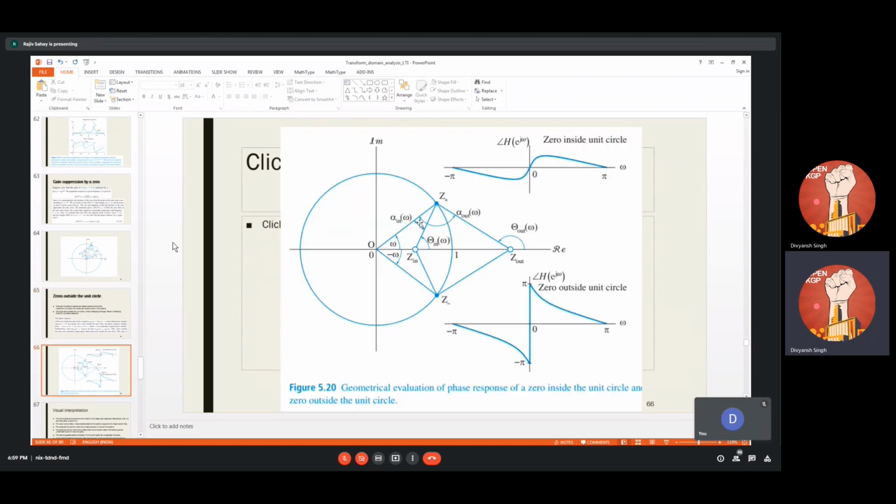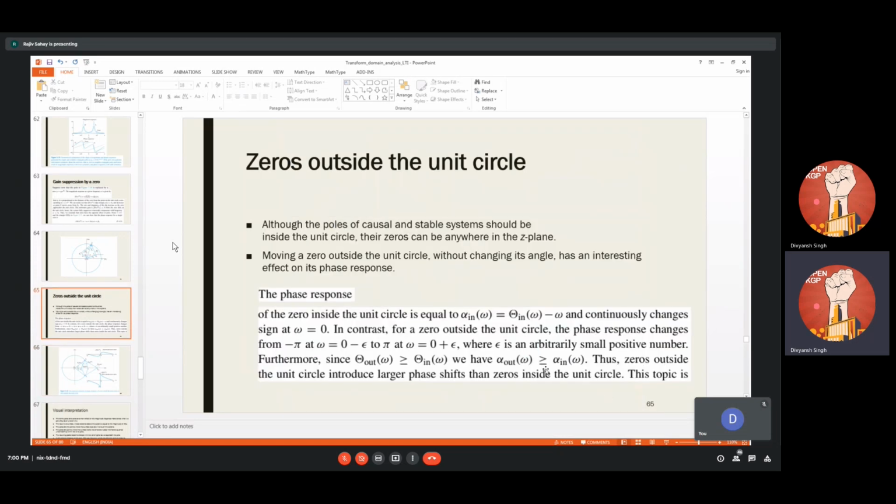From here, alpha_in(omega) is the small angle, alpha_out(omega) is the big angle. In general, unless Z out is almost here and Z in is almost here, these two angles will be close to each other. Otherwise, alpha_out is greater than alpha_in. So zeros outside the unit circle introduce larger phase shifts than zeros inside the unit circle.